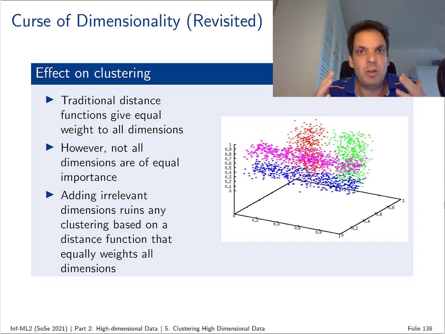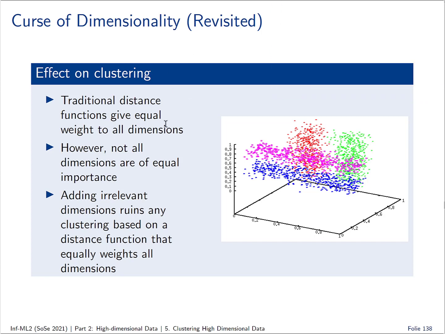Let's just reconsider all those challenges in a three-dimensional example, which is coming up here. So first of all, what is the effect on clustering of irrelevant or redundant attributes? Well, we know that traditional distance functions give equal weights to all dimensions, to all attributes.